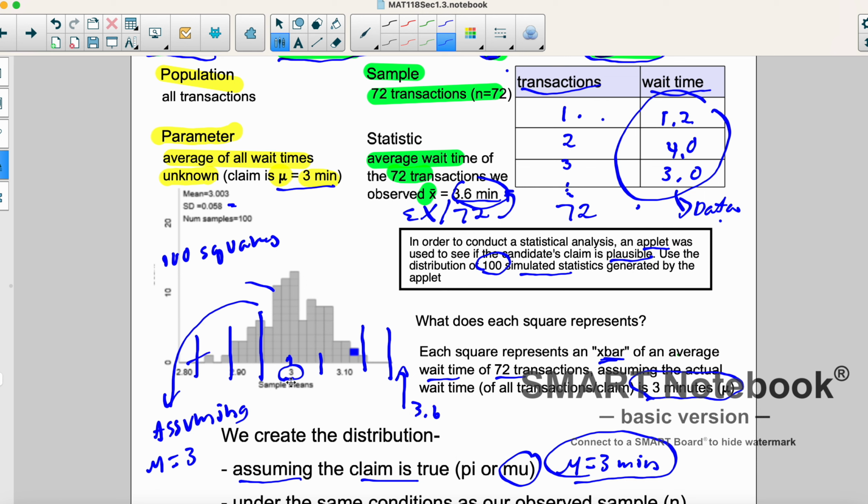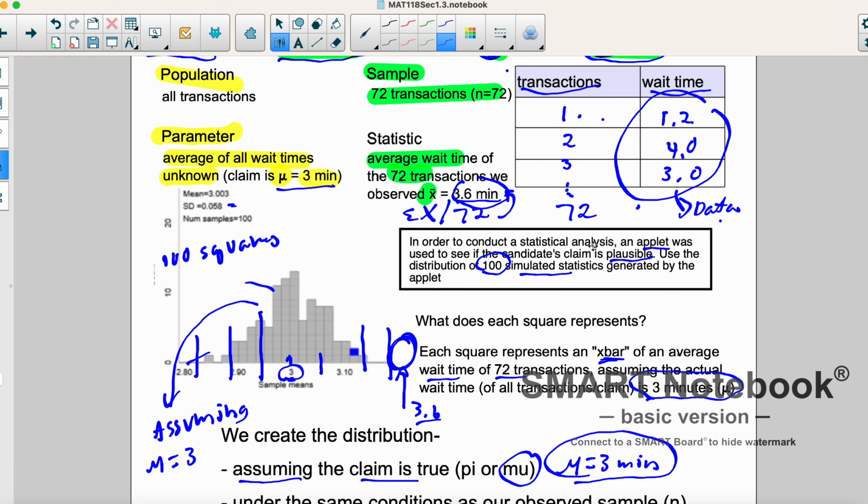Assuming that the average wait time was 3 minutes, how likely would I actually see a sample that was 3.6 minutes? In this case, I don't have any data points. No x bars were 3.6 minutes.